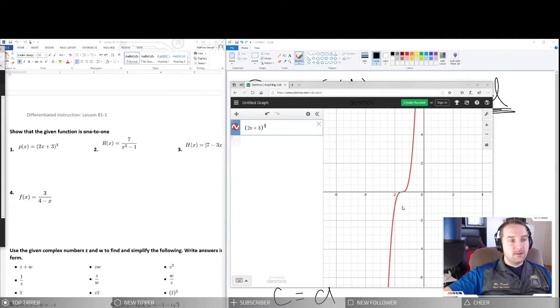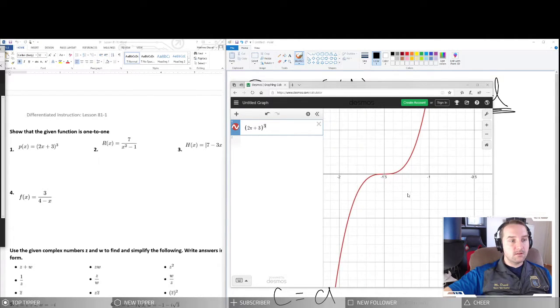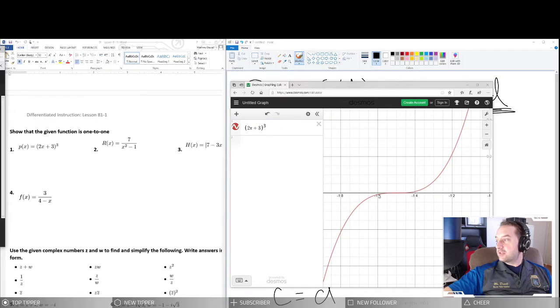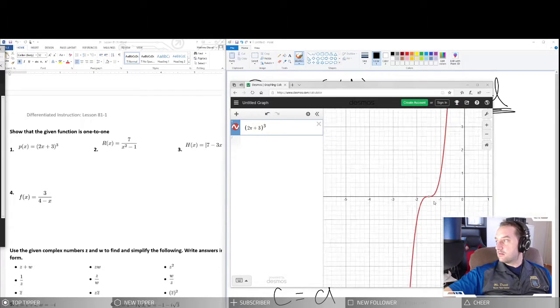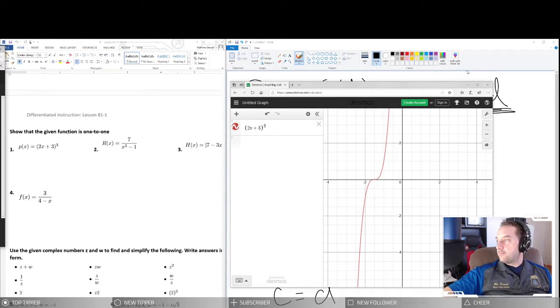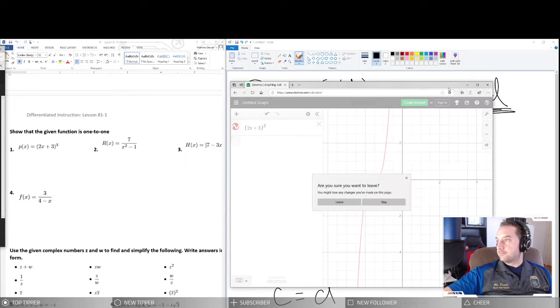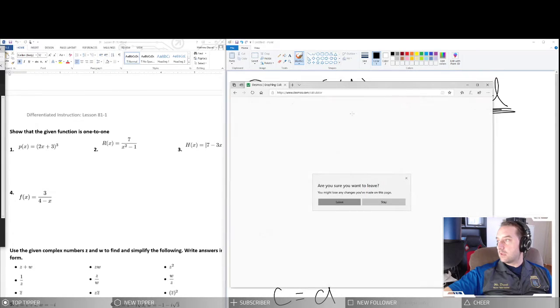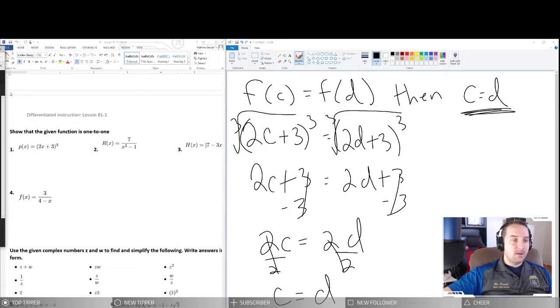Even if I zoom in right here, it looks like it's getting flat, but it's not. It's still increasing until there's an instantaneous part right here where it's 0, but then it continues increasing. So it's one-to-one. I'll leave that there. Any other questions with that?